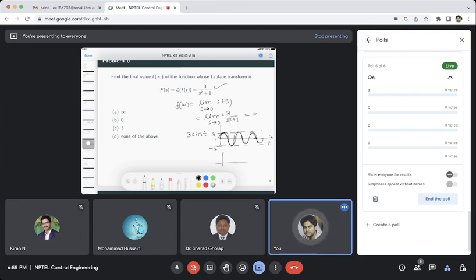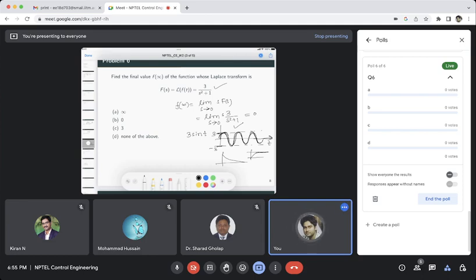If some function is like this, you know that as t goes to infinity, it will go to 0. Or some function is going to some constant, it is settling to some value. But for this function, the sine function is just oscillating. It is bounded, its value will definitely be between 3 and minus 3, but we don't know whether it will converge to one value as t goes to infinity. It will not converge, because it is just oscillating.